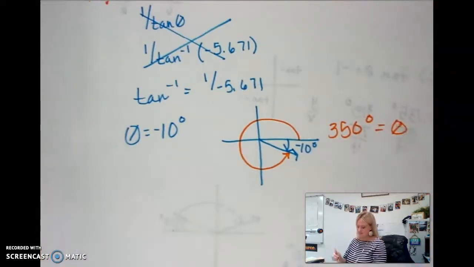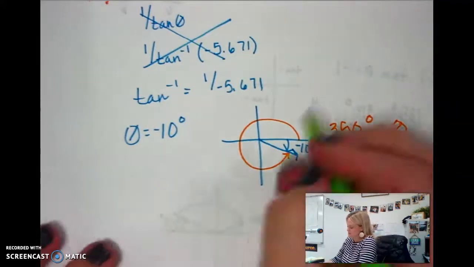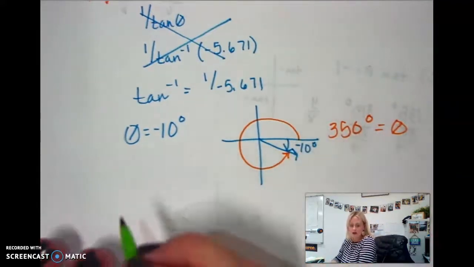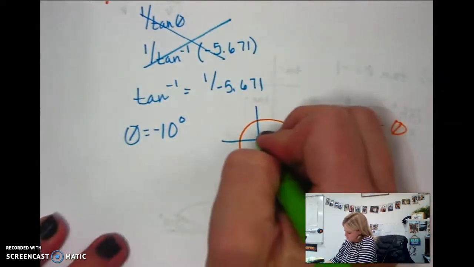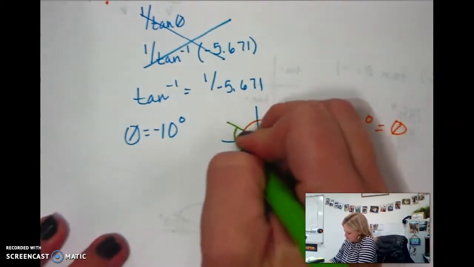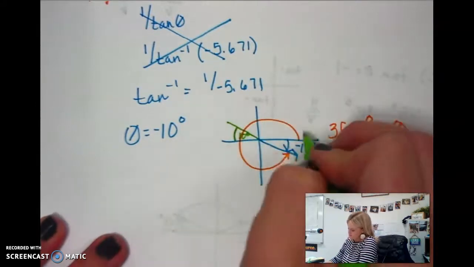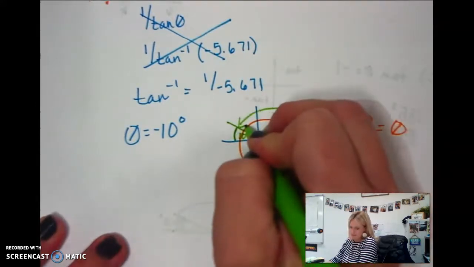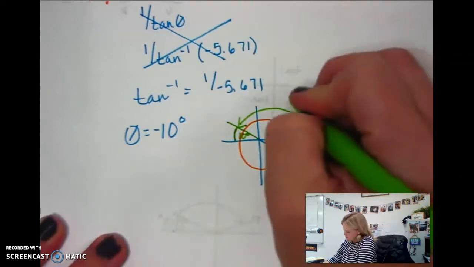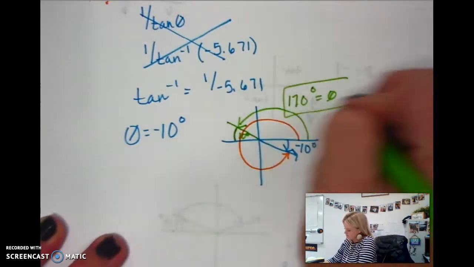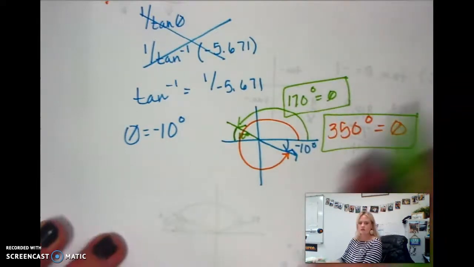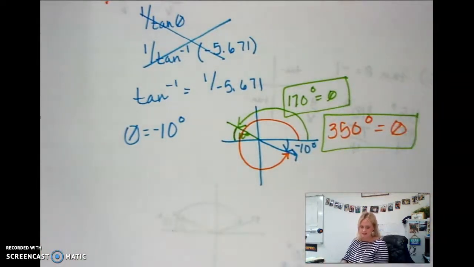The second answer comes from using this angle of negative 10 degrees. Where else is tangent negative? Right here in quadrant 2. So if this is 10 degrees in here, this is 180. Take away 10, or 170 degrees. So you are coming up with that second angle.